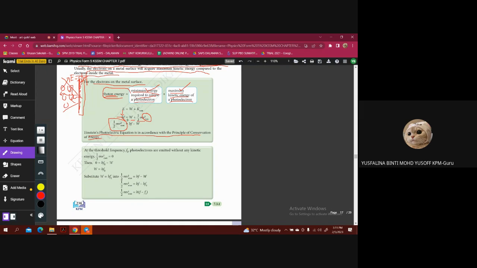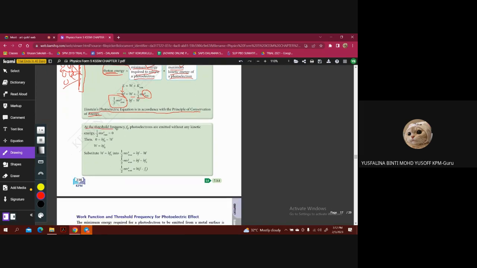The photon energy changes to kinetic energy, and some is used to make the photoelectrons come out from the metal surface. So it obeys the principle of conservation of energy.